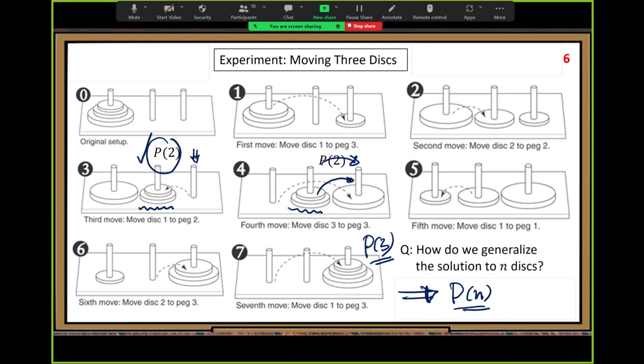So the next step, we want to formulate this P of 3 solution and modify it slightly to get a P of n solution.